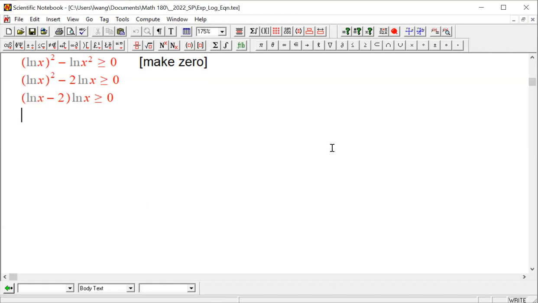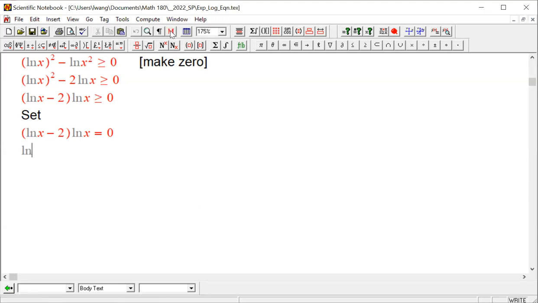So in order to work out the sign change, we're going to first set them equal to 0. We're going to set the product equal to 0. And this is something we have done before, right? At the time we did a substitution.